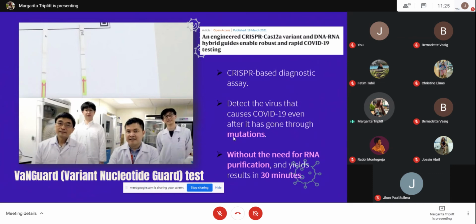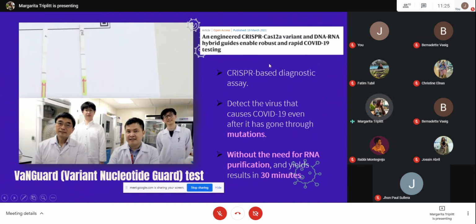And each guide RNA was shown to be 99.5% similar to the thousands of SARS-CoV-2 isolates from their study.